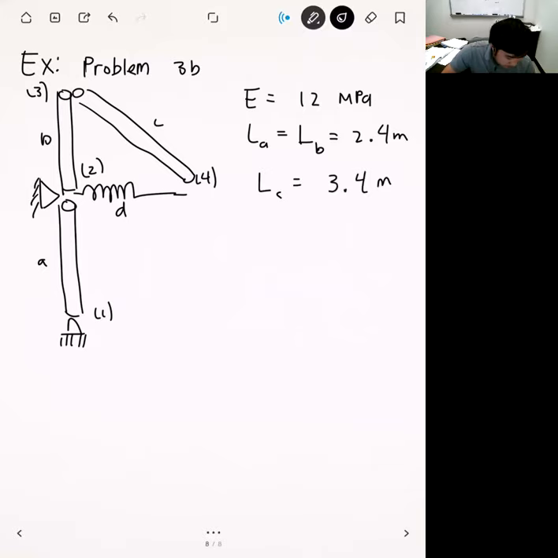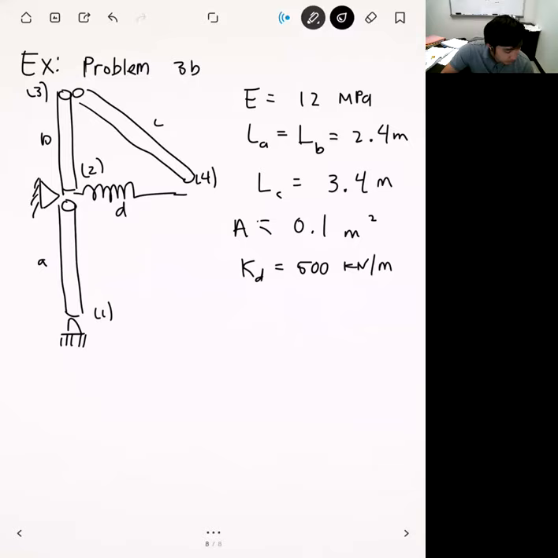We're going to assume the cross-sectional area for all the elements is the same at 0.1 square meters. The spring constant for element D, because it's a spring, is 500,000 newtons per meter, so I'll say 500 kilonewtons per meter.